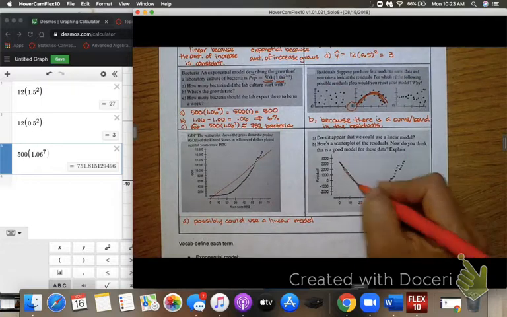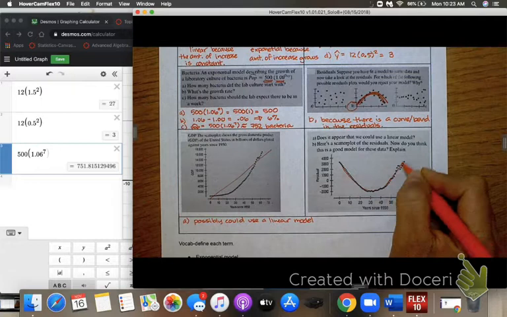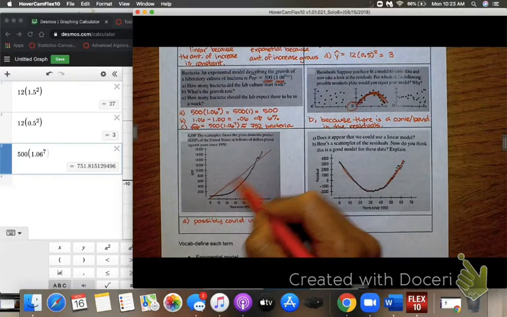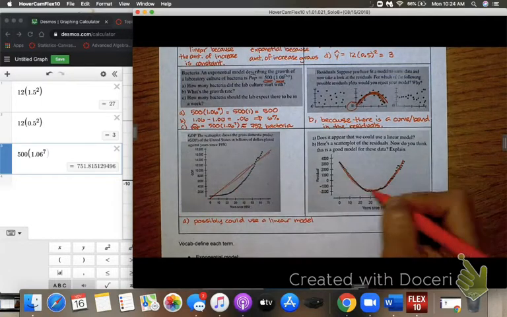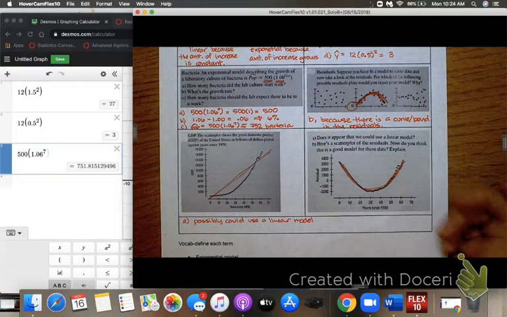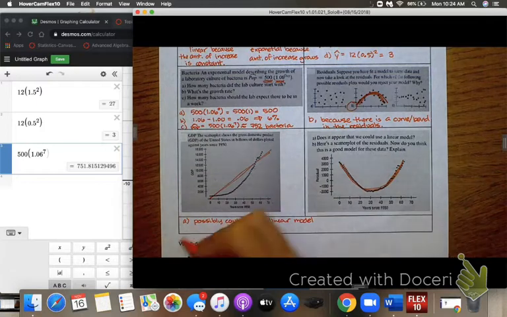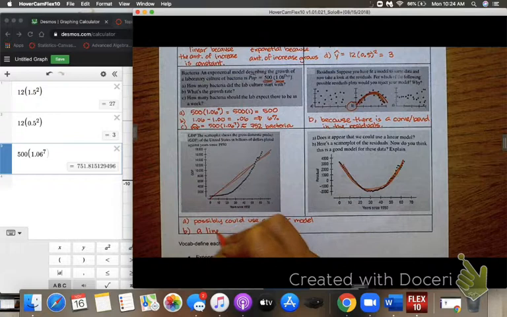These are the residuals if I best fit a linear model. What is this telling me? Well, these residuals are clearly a curve, and so this is telling me a linear model is not going to be a good fit.